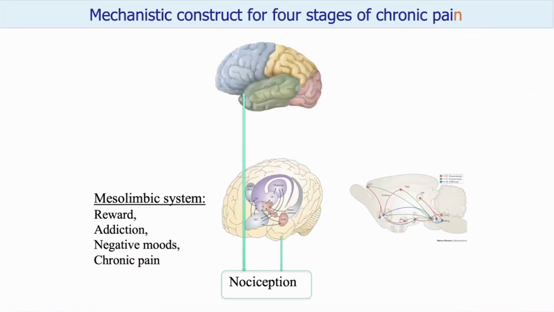Here's another way of looking at the same system. Again, this bottom part is this limbic circuitry, which very generally we can think of as reward, addiction, mood, chronic pain, all of which are being processed as to their affective, emotional, motivational valuation, while the cortex is essentially looking at its conscious state.